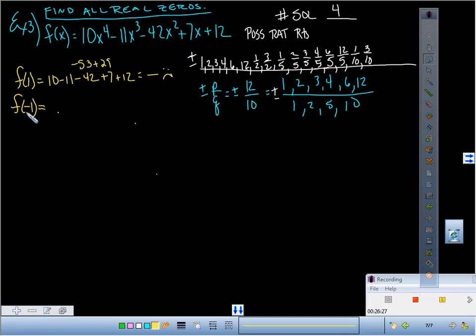Let's try negative 1. Does the 10 change signs? No. It has an even exponent. Does the negative 11 change signs? Yes. What about the negative 42? No. It has an even exponent. What about the 7?